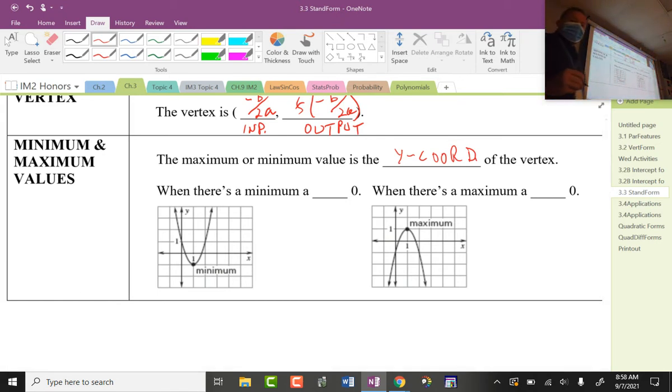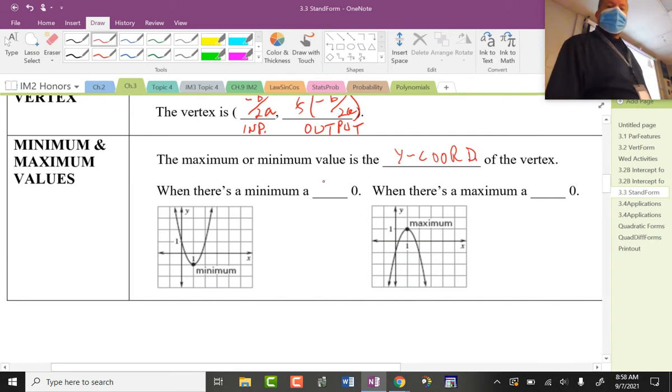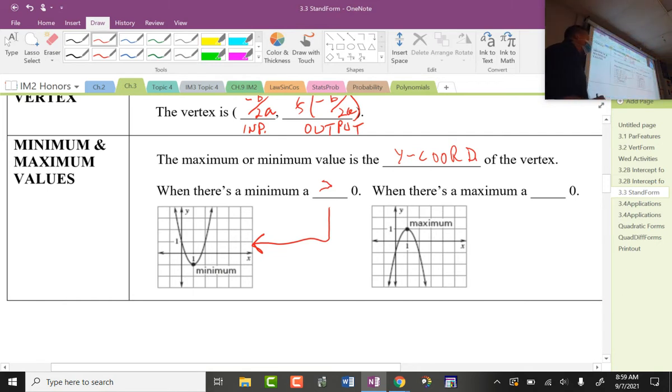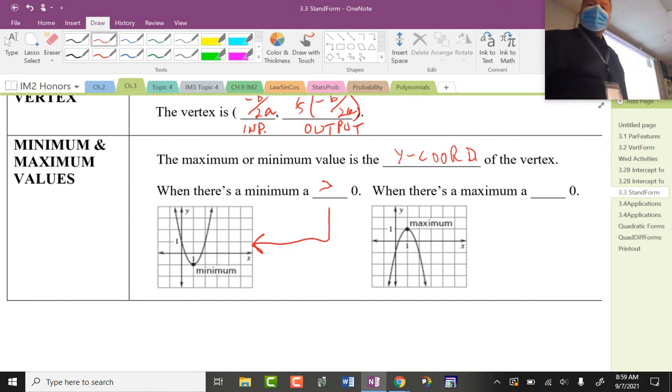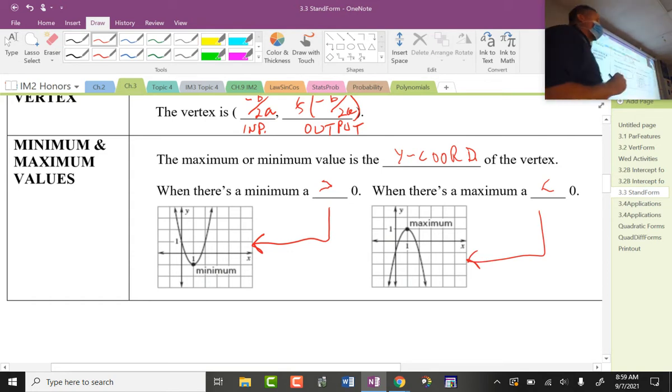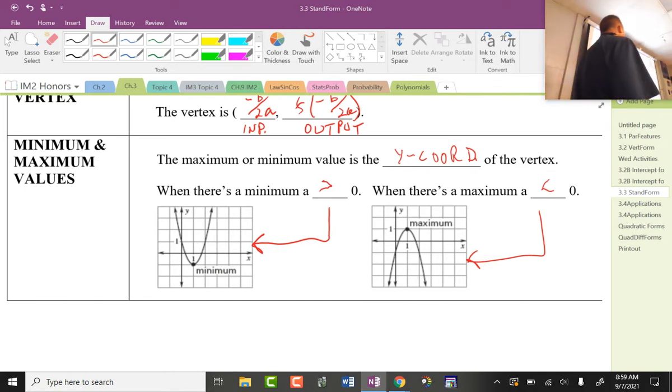And then when there's a minimum, of course, a is positive. And then you would have a minimum because you have a parabola going up. So that kind of coincides with what we have in box 2, I think. And if a is negative, just like the other forms. So that's what I mean about a having the same effect. Then a being negative would give you a maximum because you have a parabola going down.